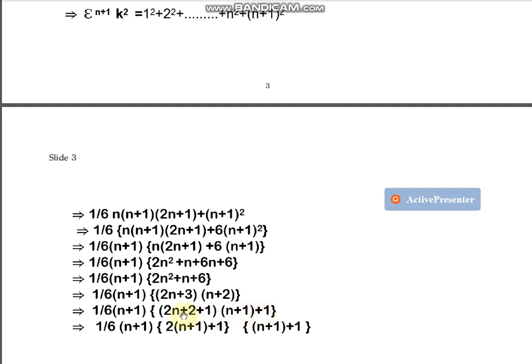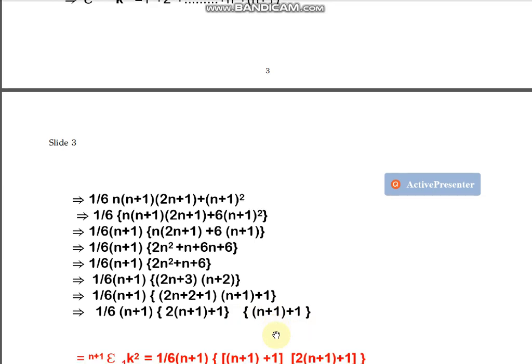Then we are having 1 over 6 again, n plus 1. And because we've reduced this one, we can also simplify it further by factoring out 2, remaining with n plus 1 plus 1. Then from there we get n plus 1 and plus 1, of course, n plus 1 being in its bracket.